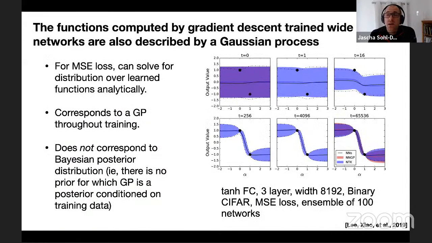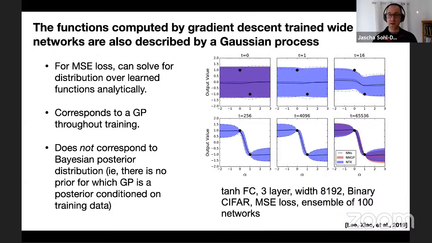More than just predicting how a single network will evolve through training, for MSE loss, we can actually solve for how the full distribution over functions induced by random initializations of neural networks evolves throughout training.